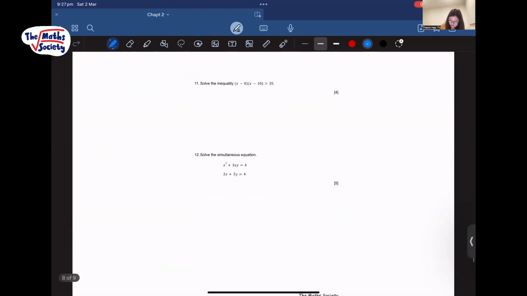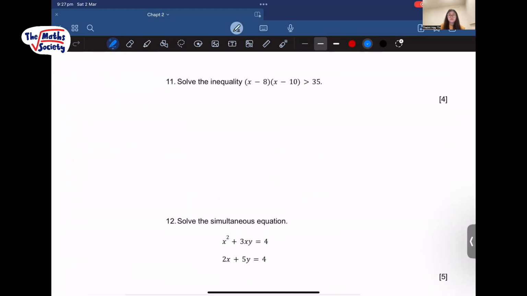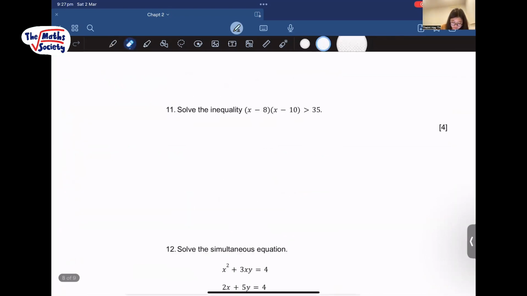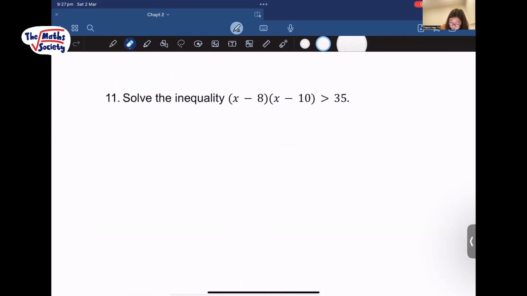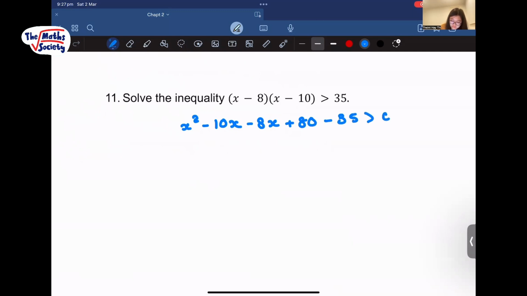And then we have question 11, which is to solve the inequality. So we'll firstly try to get a full inequality first. So it'll be x squared minus 10x minus 8x plus 80 minus 35 greater than 0. So x squared minus 18x plus 45 greater than 0.